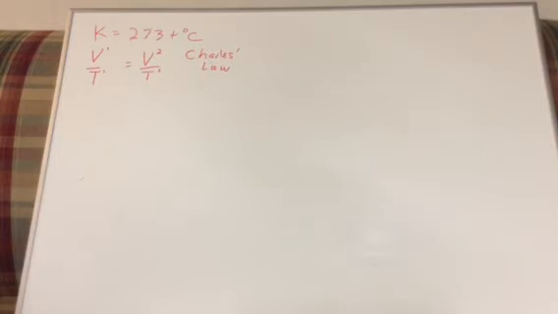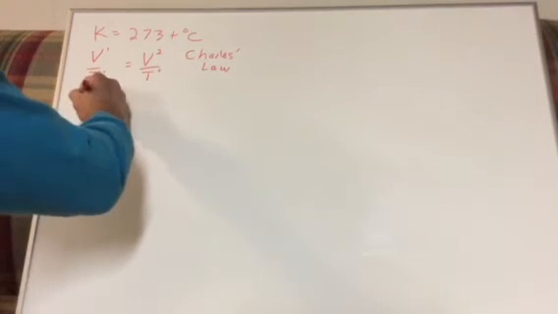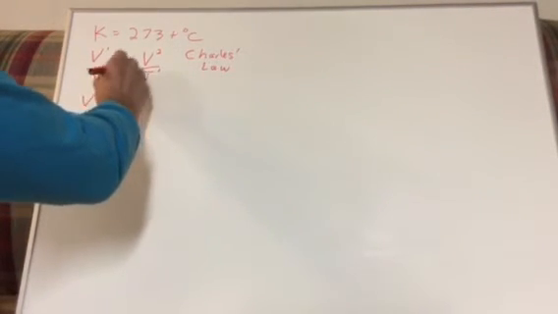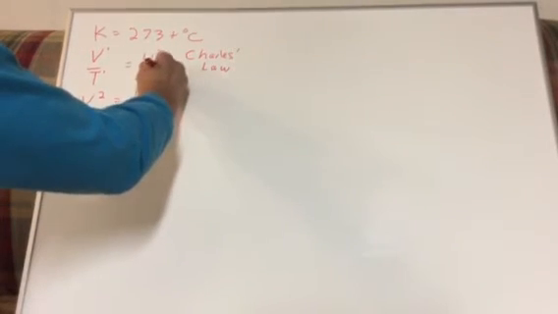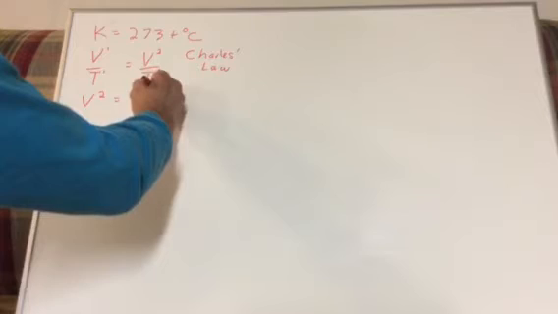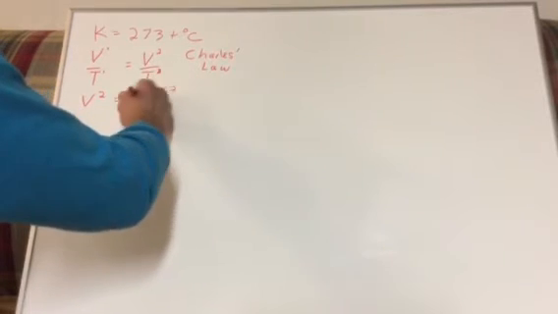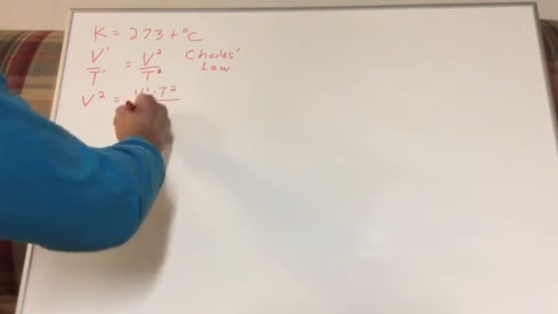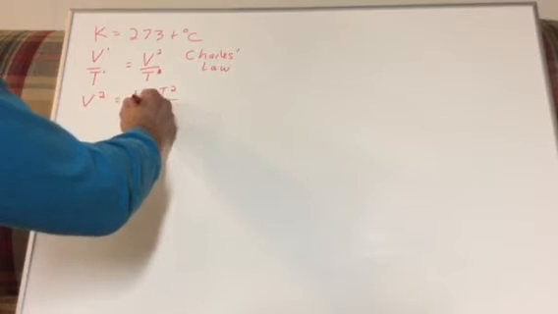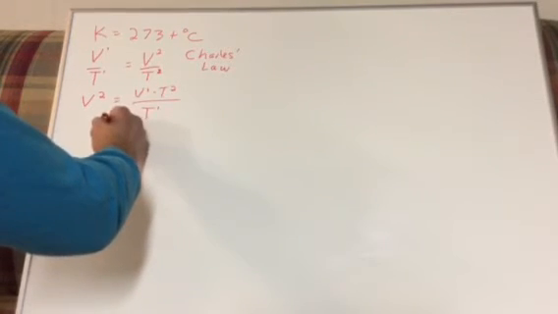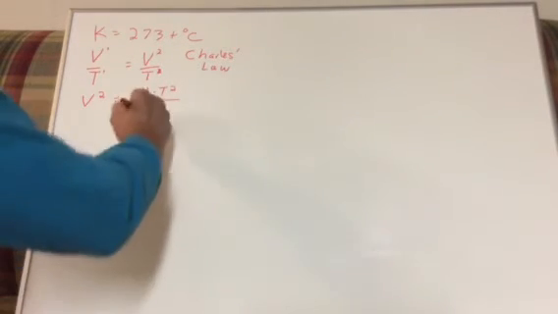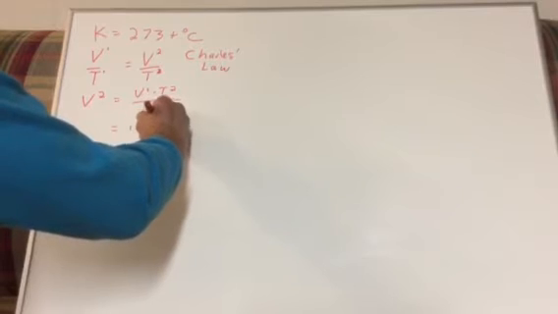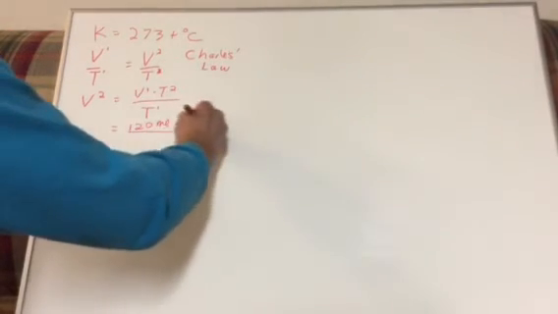And so what I did was solve for V2. V2 equals V1 times T2 divided by T1. That's a 2 up there, I'm sorry about that. And you plug your numbers in, and the original volume was given to you at 120 milliliters.